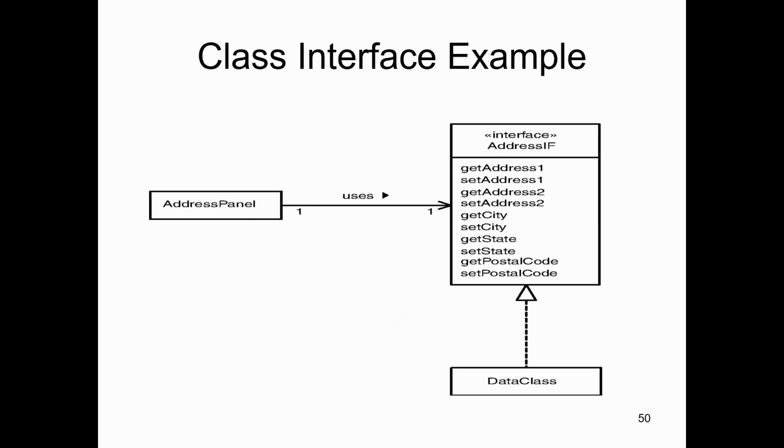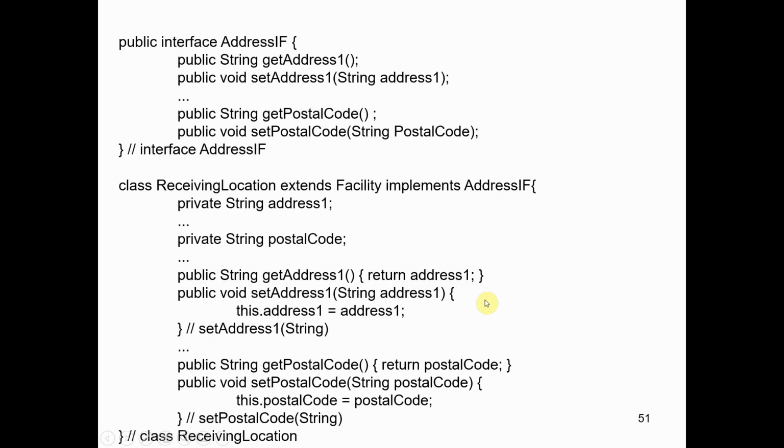So this is an example of an interface. Here we have an interface, which is a collection of operations, and then this data class will realize it. This relationship is called realize. It will implement the operations in the interface.